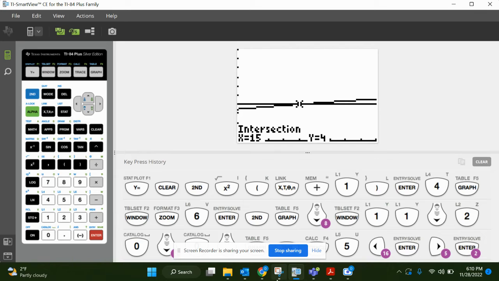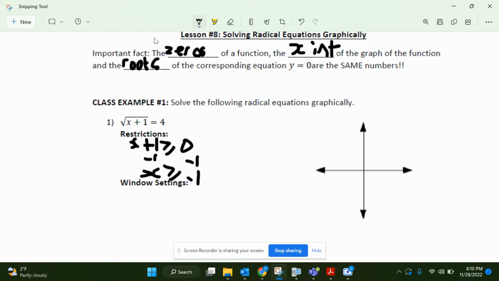Okay, so let's go back to our page there. Let's put in that x equals 15 first. So we had a graph like this, and then we also had a graph here at y equals 4, a straight line graph like that. And we found that they met at x equals 15.